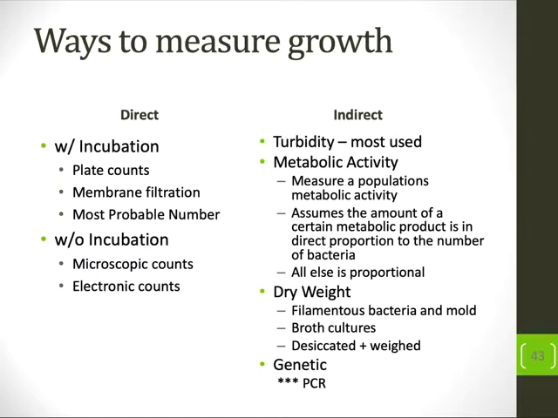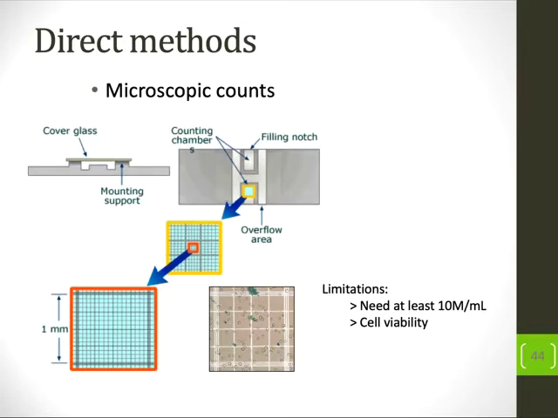And then you could also look at the dry weight, especially for microbes that are filamentous. So you could actually dry them and weigh them. You could do broth cultures, and then you could also do PCR as a way of measuring the content of microorganisms in terms of genetic composition.